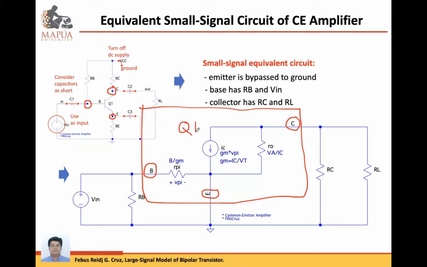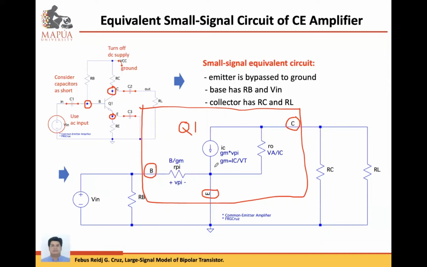So from our small signal model of bipolar transistor, when we apply AC signal, the bipolar transistor behaves like a forward bias resistance between base and emitter terminal. So that is denoted by R pi.